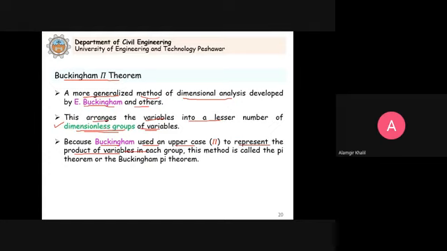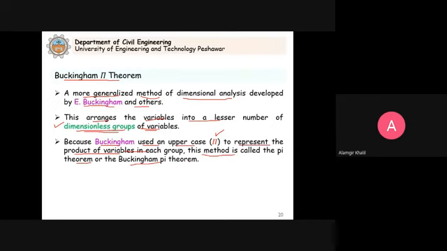So he said, let this be pi 1, let the other be pi 2, let the other be pi 3, and so on. Because he used this uppercase letter to represent those dimensionless groups, you will see it in the method also when we solve the problem. So that's why this method is called the pi theorem, or the Buckingham pi theorem, or the Buckingham pi method.